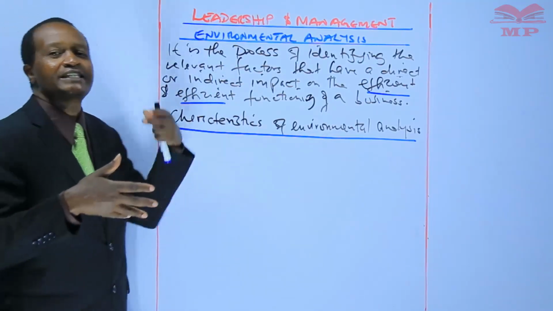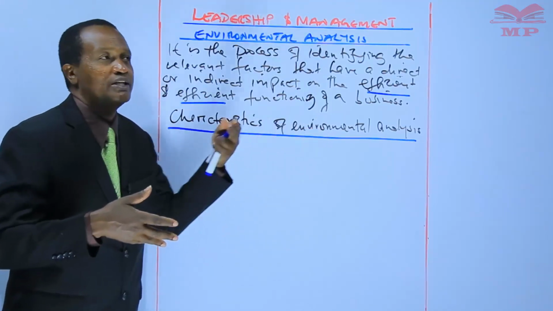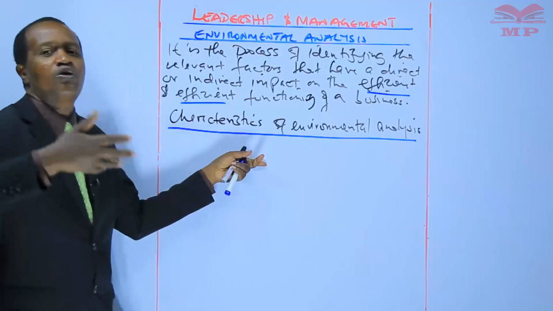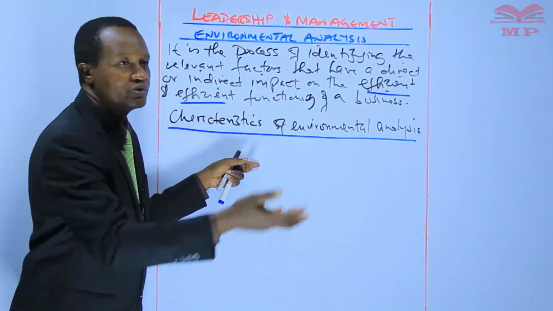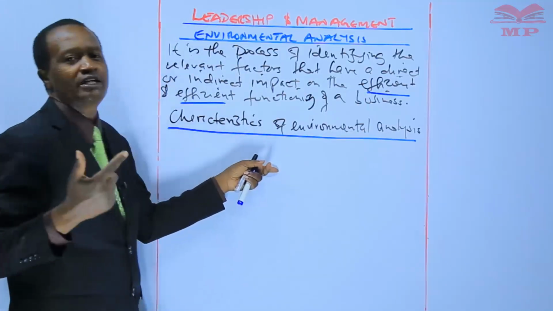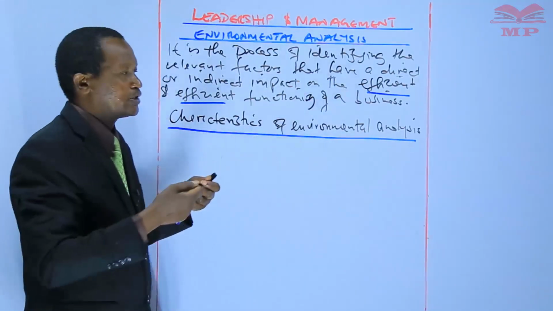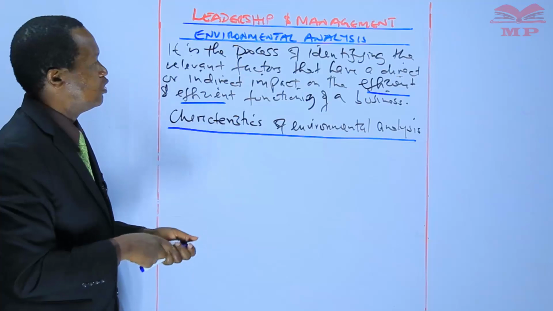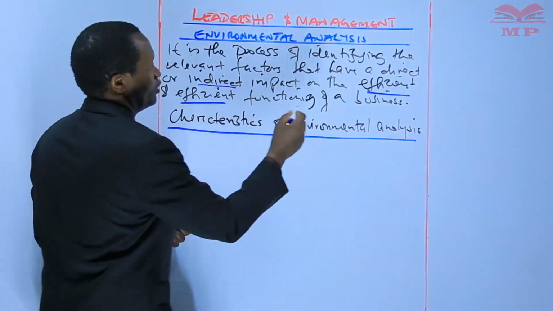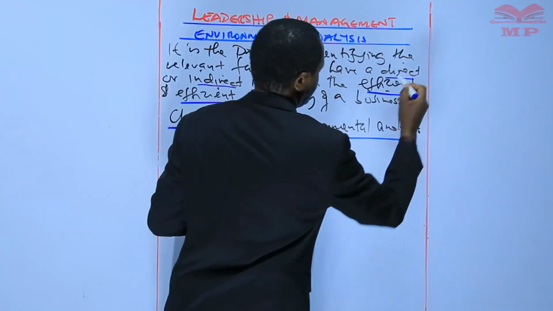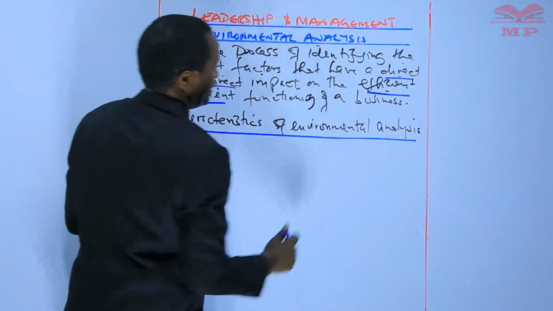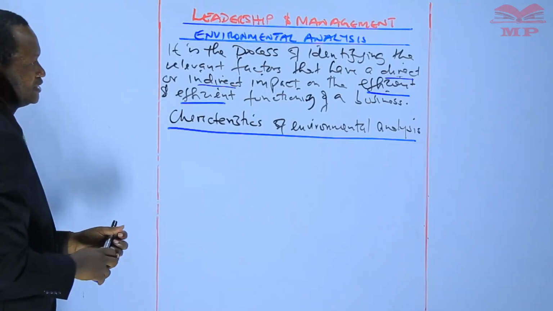So the external environment, we can say, consists of all those factors or forces or institutions or groups which lie outside an organization and interact with the organization either directly or indirectly.